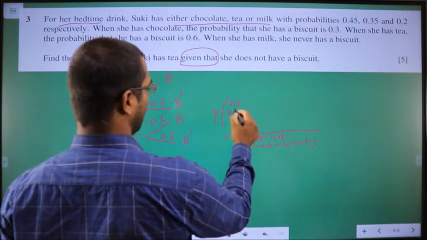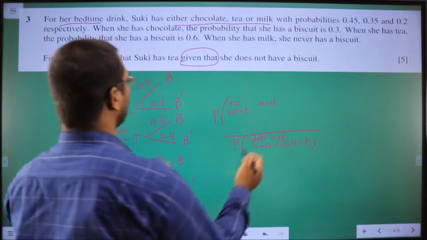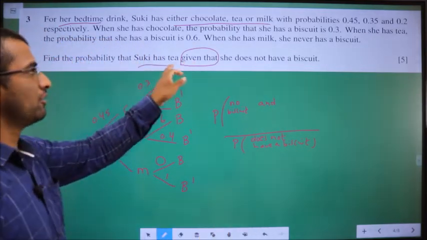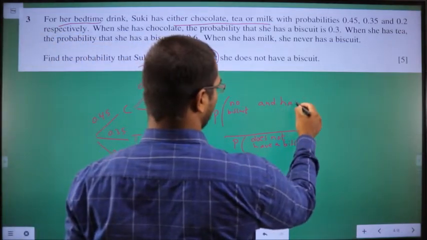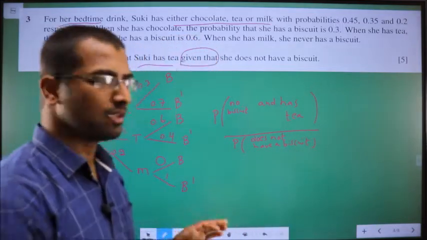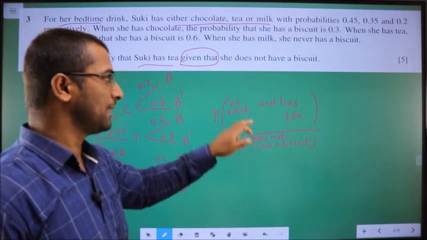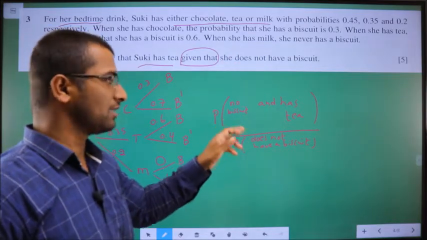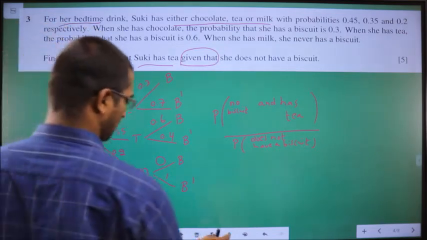No biscuit along with and. What statement do you have before given that? Has tea. So first you need to frame it in this way. After given that, whatever denominator, numerator is mixture of both. Clear? Next.